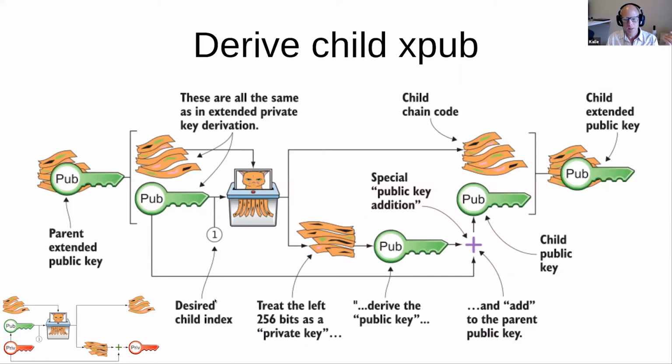And as I said before, you can view the left 256 bits as a private key. And you can add this private key to the parent private key to get the child private key down here. And adding private keys has a corresponding operation on the public side.